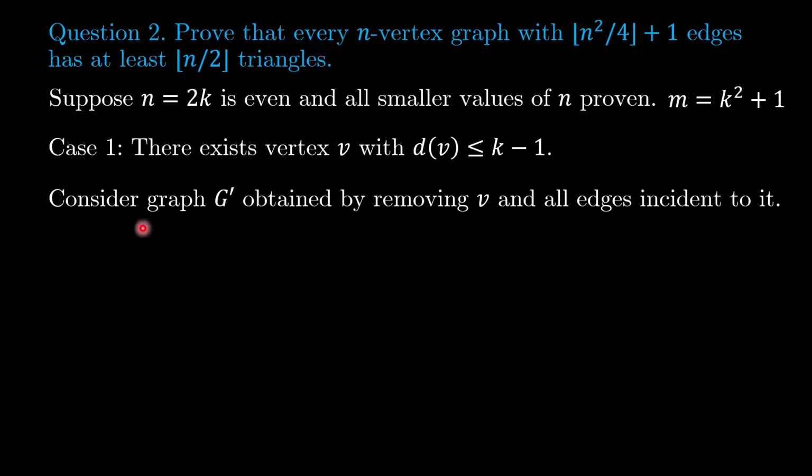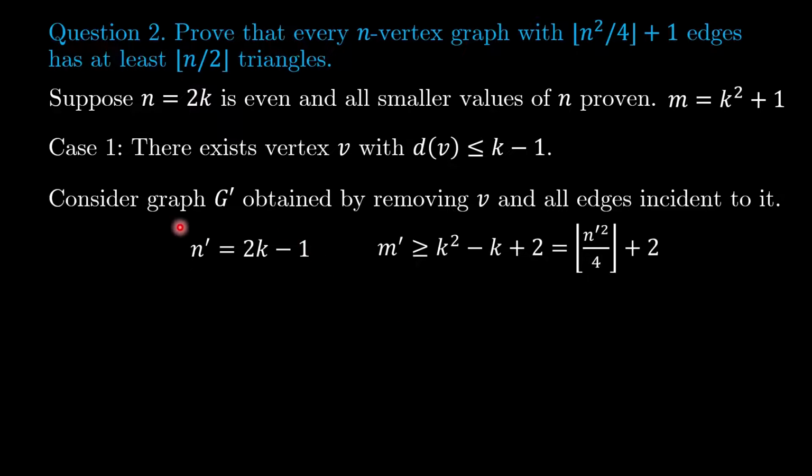Similar to what we saw earlier, we consider the graph G prime obtained by removing the vertex and all edges incident to it. And now n prime is 2k minus 1. The number of edges is over here, and we remove at most k minus 1 edges, so we end up with the number of edges being at least this.